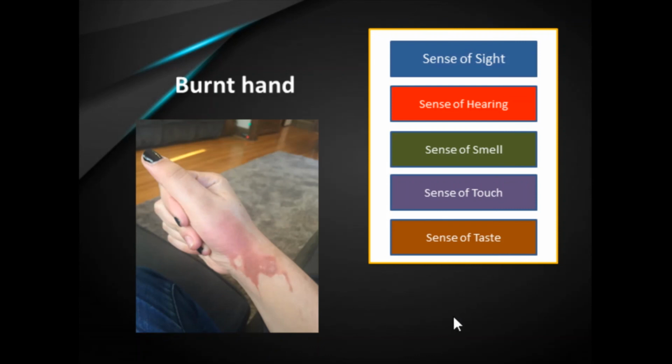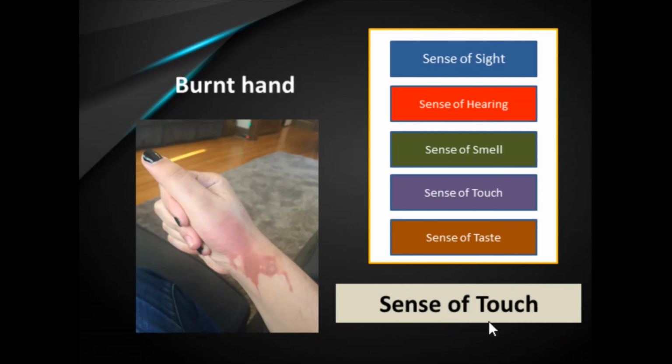Alright, you have the sense of touch. You will know whether it's painful or not if you use the sense of touch. You would feel, does it feel good or not? Is it painful or not?